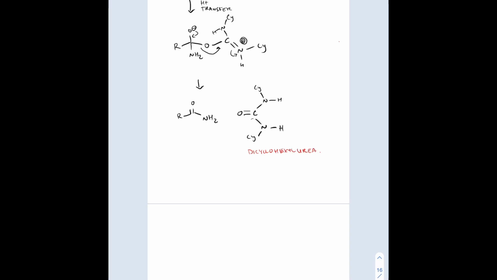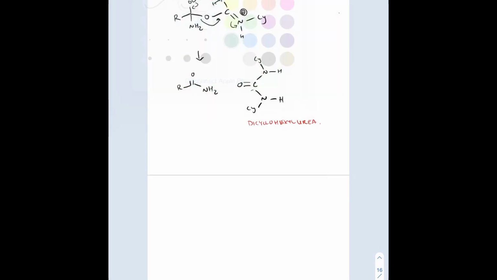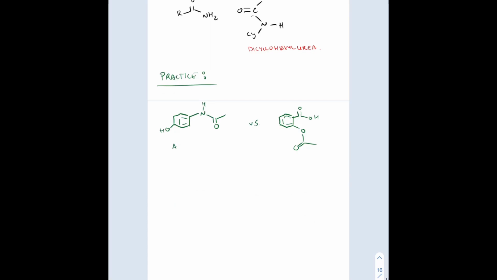Now this new product is called dicyclohexylurea, and we also have our amide. So the product on the right, even though it looks kind of fancy, is useless. The one on the left is the desired amide product. But the presence of DCC allows us to do these amide transformations at much lower temperatures and easier conditions that are more friendly to other functional groups in our molecule.